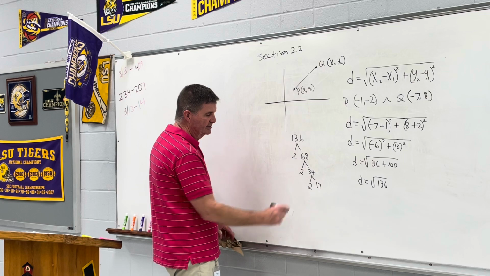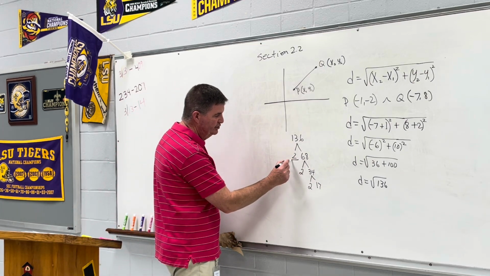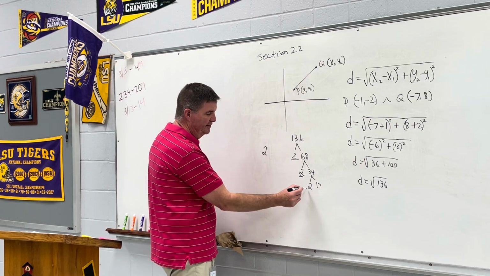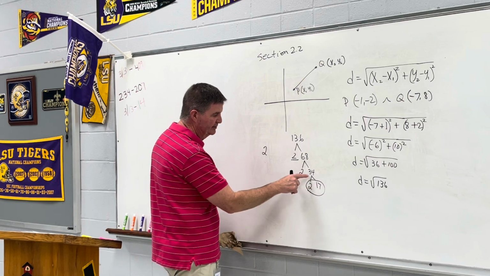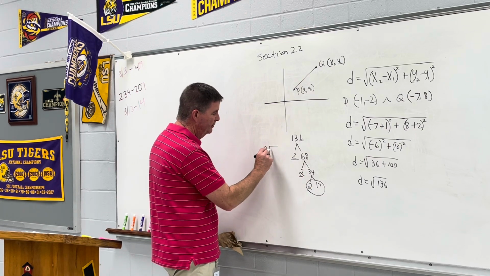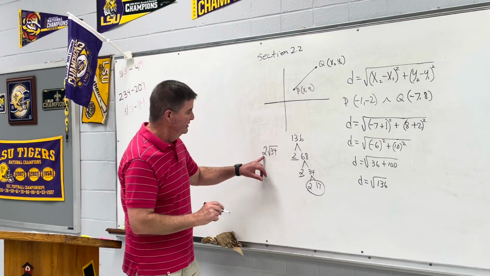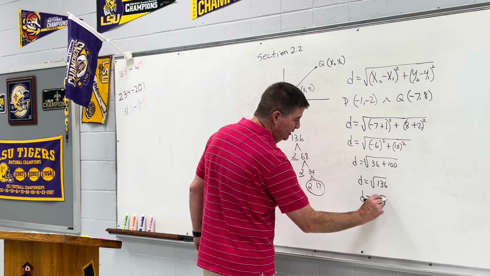I can see that this is a prime number, so it can't go any lower. Well, we have 2 2's, so I can take a 2 out. This is what's left. I don't have anything else to pair it to, so 2 times 17 is 34. 34 has to remain under the radical. So this distance is going to be 2 times the square root of 34.